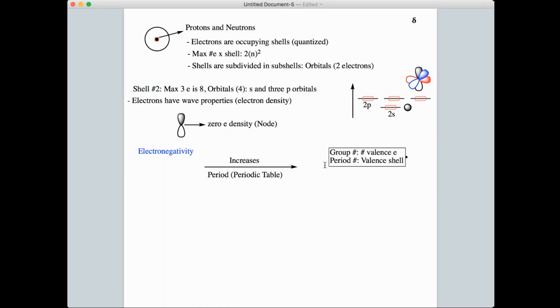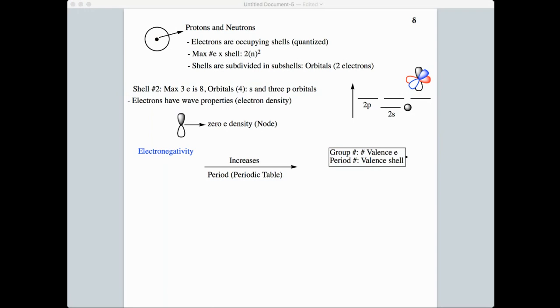So for atoms in the second period of the periodic table, the valence shell is shell number 2, right? For atoms in the third period, the valence shell will be shell number 3, and so forth, okay? So if we compare electronegativity from left to right in the same period of the periodic table, that means that every atom in the same period has the same valence shell.